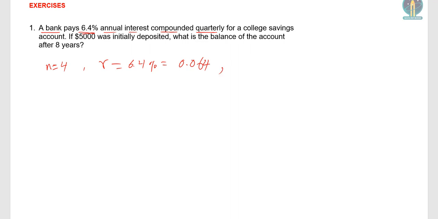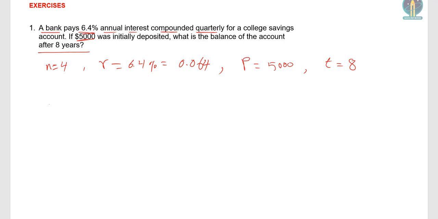And then $5,000 was initially deposited, so the principal is 5,000. What is the balance of the account after 8 years? So my t is equal to 8.